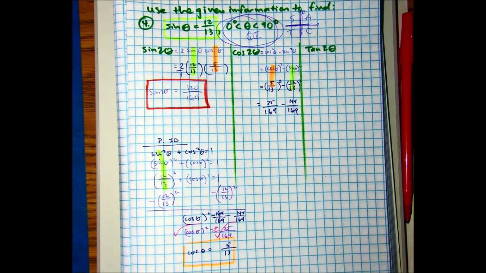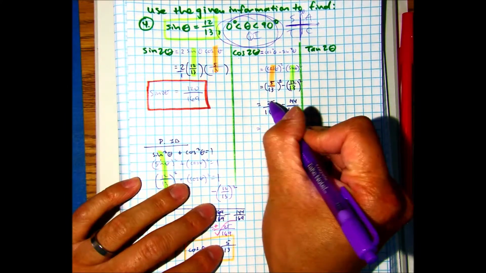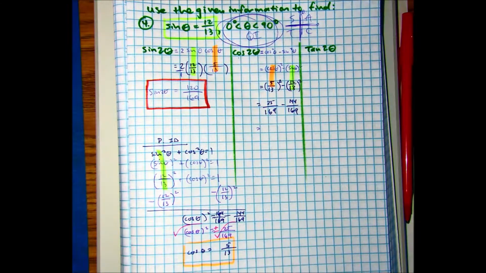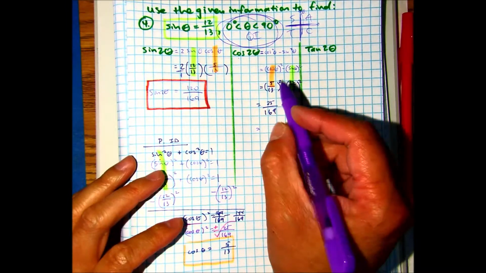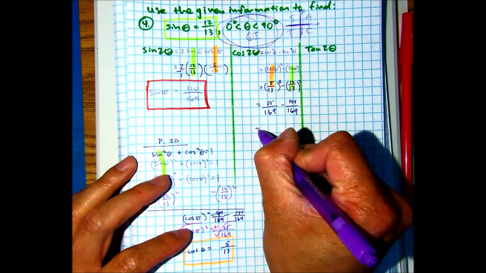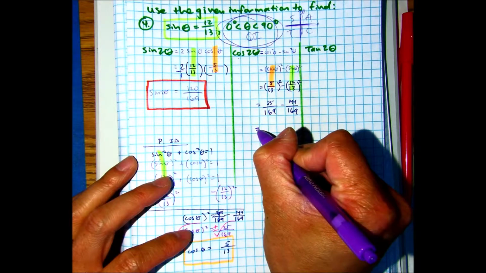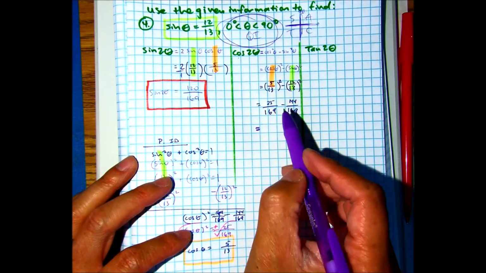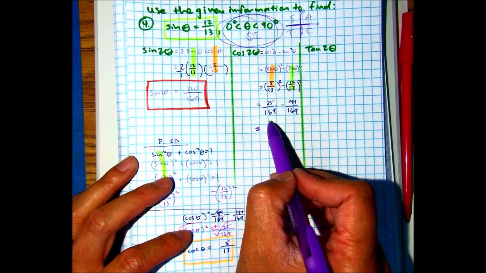Yes, you can. 25 minus 144. Can you subtract it? Sure. So what is it?